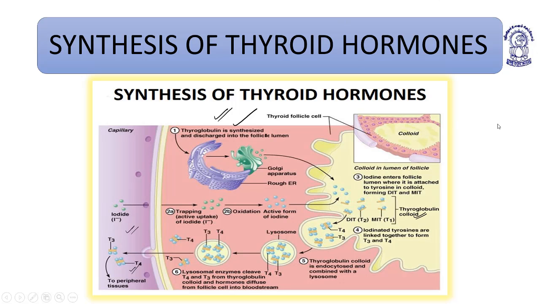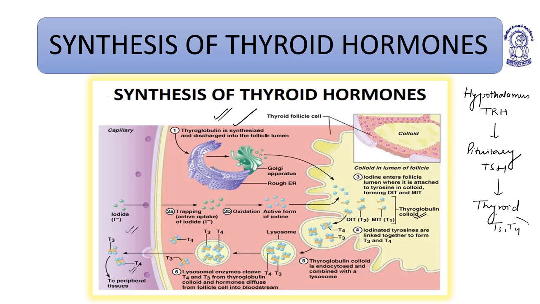Now, one thing I should mention is the negative or positive feedback. For example, the hypothalamus releases thyrotropin releasing hormone, which initiates the pituitary. The pituitary releases TSH, thyroid stimulating hormone, which further initiates the thyroid gland, and the thyroid gland releases T3 and T4.